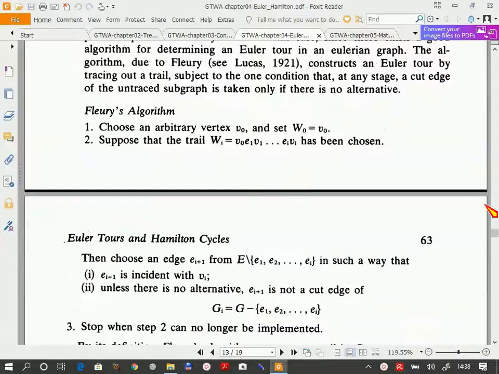Then you have to choose a further edge Ei+1, okay, out of the remaining edges, okay? And what are the rules? That this edge is incident with the last vertex you have chosen. You are building a trail, okay?